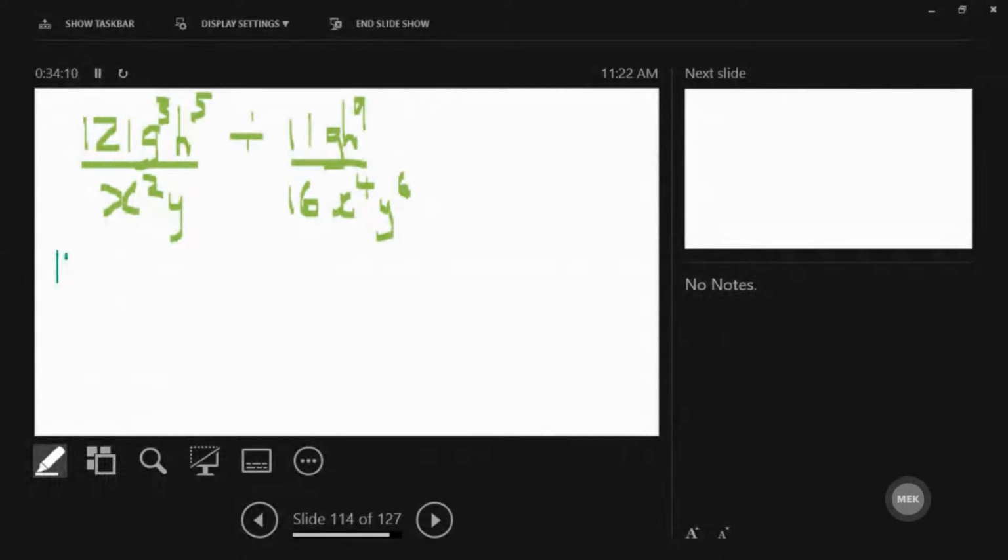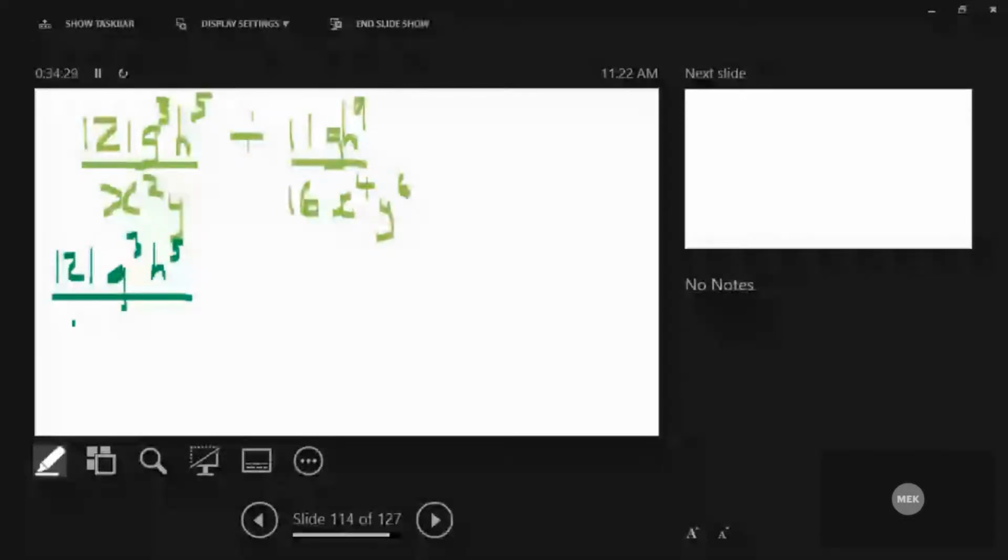So we rewrite the first fraction. Change the division to multiplication. And we invert this fraction.